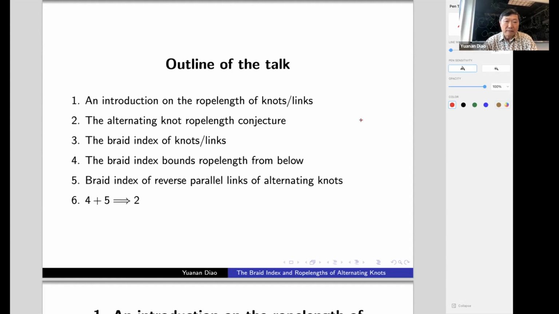The main tool that will get me the result is the braid index, so I will talk about that briefly. Then I will talk about the results, about how the braid index can help me with the rope length. And at the end, I will give you a very brief proof of how this conjecture is proved.